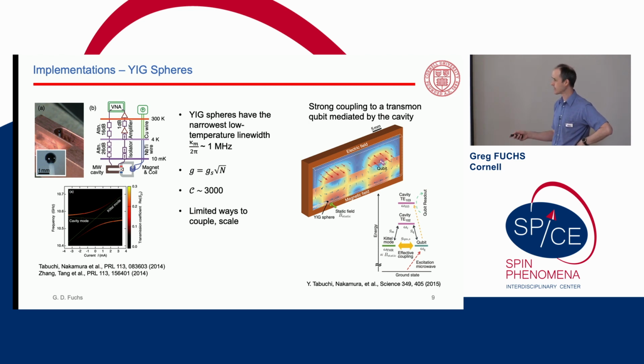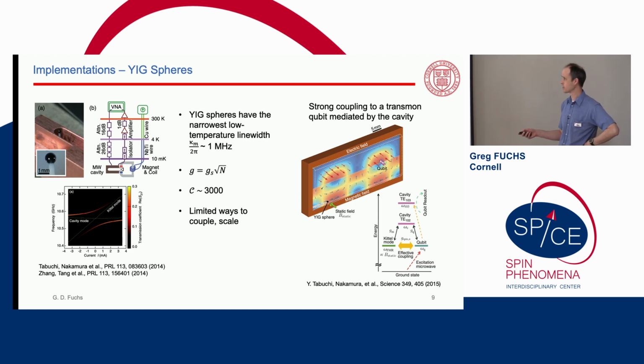They show really clean cavity magnonics, coupling a sphere like this, which is a millimeter-sized object, to one of these 3D cavities. You can also, as was discussed yesterday, use this cavity to mediate the coupling between one of these YIG spheres and a transmon qubit.